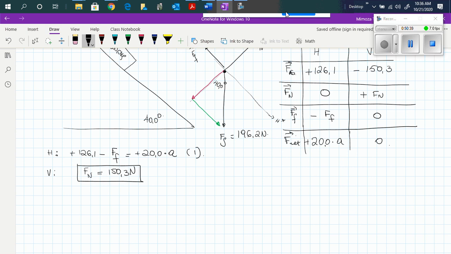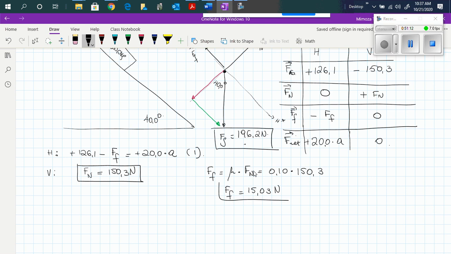So now we know what is force of gravity, and we know what is force normal, 150.3. Based on the fact that we have a coefficient of friction of 0.10, we can find force of friction as coefficient of friction times force normal. So 0.10 times 150.3. Therefore, force of friction will be 15.03 newtons.